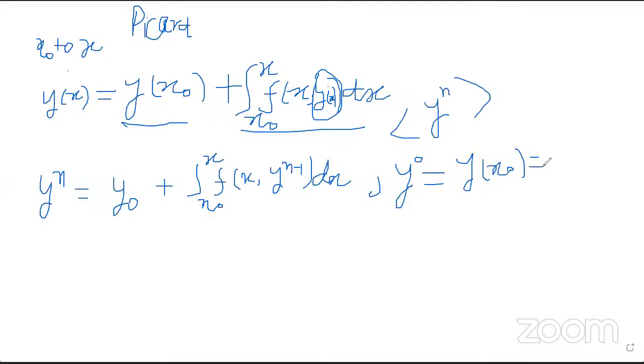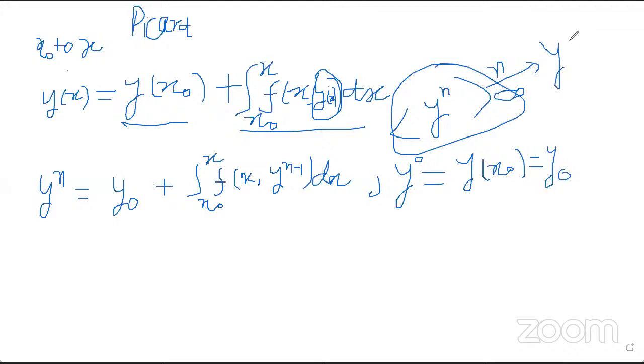So now we have this sequence. Am I right? Yes sir. Now this sequence is known, and we can easily prove that as n tends to infinity, this sequence converges to y(x), which is the solution of the initial value problem. Am I right?